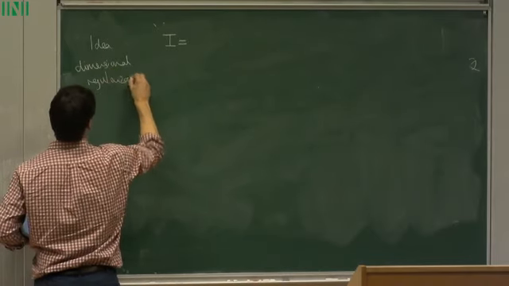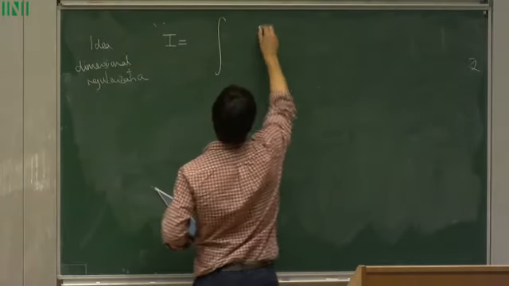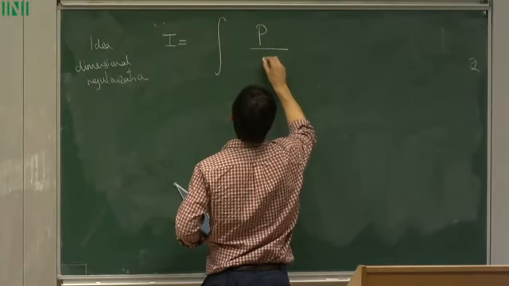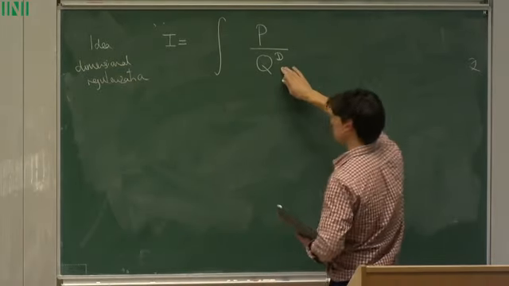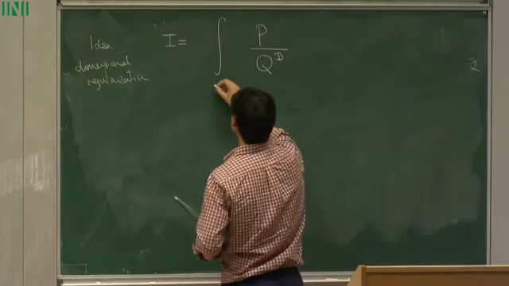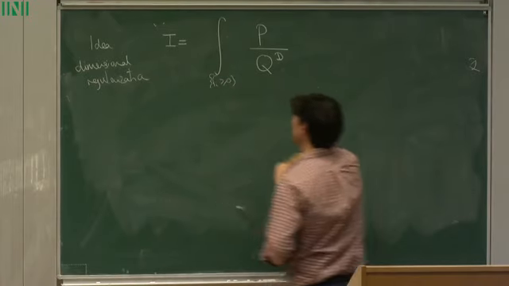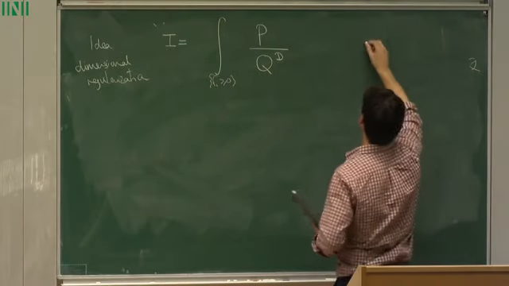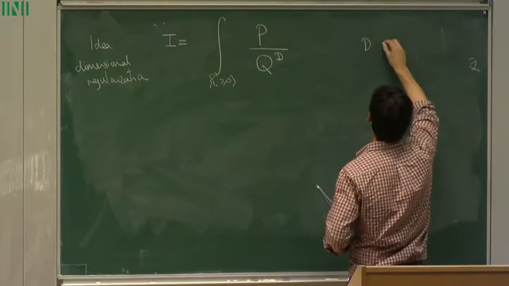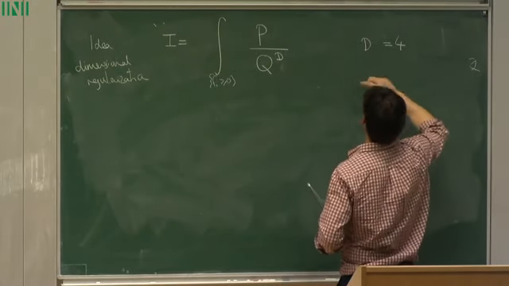Regularization. That's where you consider, very informally, some integrals of p over q to some power d, in the Kontsevich-Zagier setting of the very beginning. And for a physicist, d will be the dimension of space-time. But when d equals 4, this integral diverges.